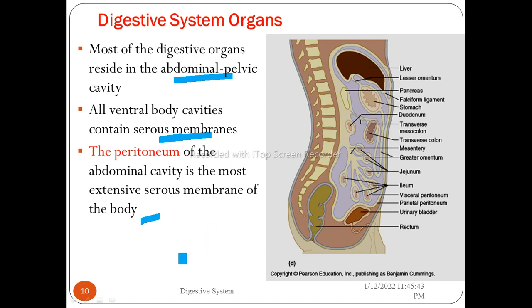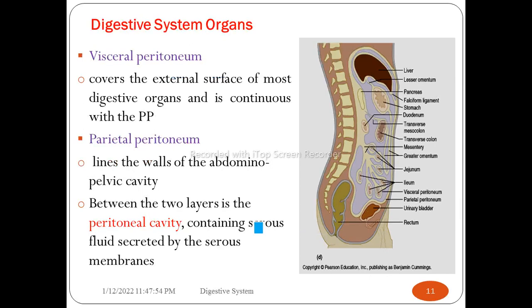Having this concept, we will go to the layers of the peritoneum. The peritoneum has two types of layer: the visceral peritoneum and the parietal peritoneum.